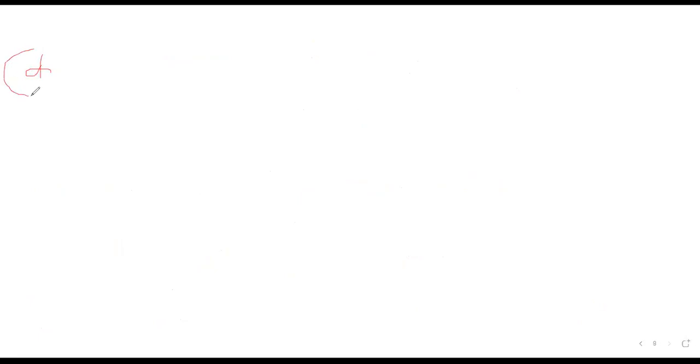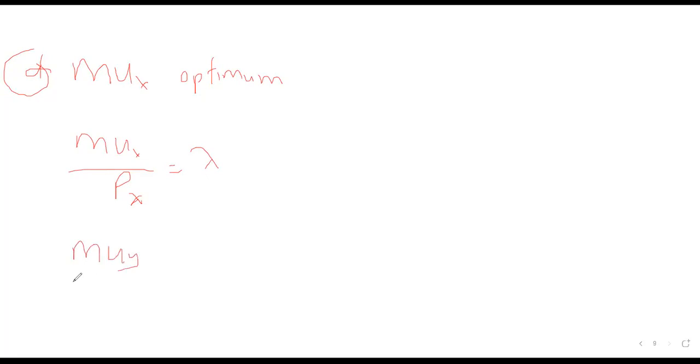Part B, find the marginal utility of x at the optimum. At the optimum, I told you that the marginal utility of x over the price of x is the same as lambda, or the marginal utility of y divided by the price of y.